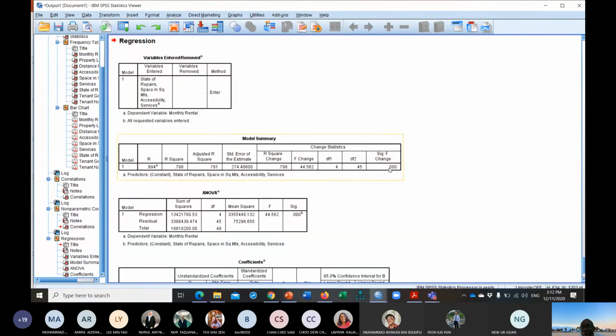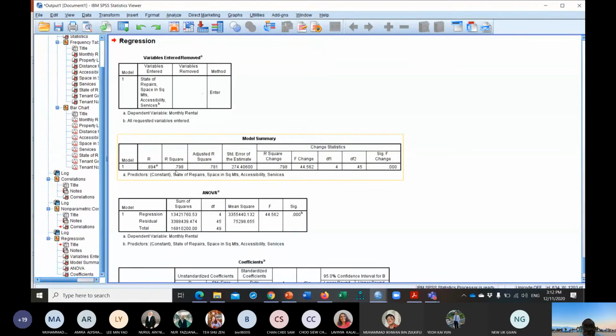So the significance level shows you that the model has created a significant relationship. The regression is significant, meaning the factors are significantly contributing to the dependent variable. If we want to know by how much percentage, we use R square. R square here gives us 0.798, which is almost 80%, 79.8%.